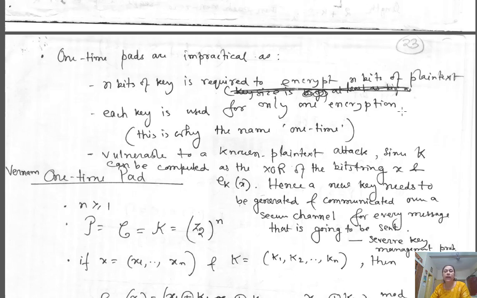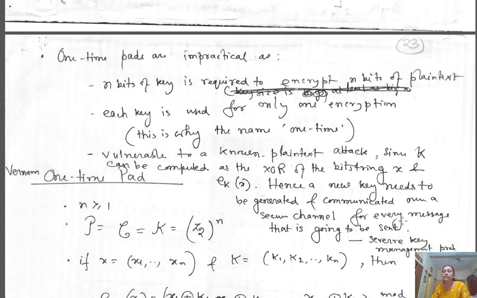And as I said, it is vulnerable, which means the attacker can recover the key if he mounts a known plain text attack. That means if he knows a plain text and the corresponding ciphertext, from that pair he can recover the key. So a new key needs to be generated and communicated over a secure channel for every message that is going to be sent.